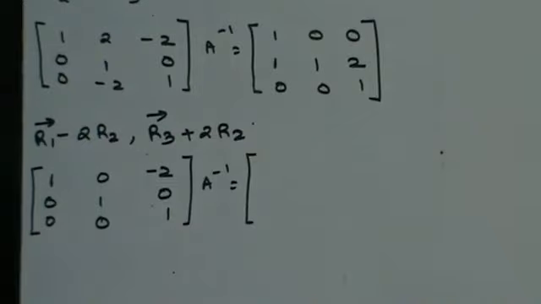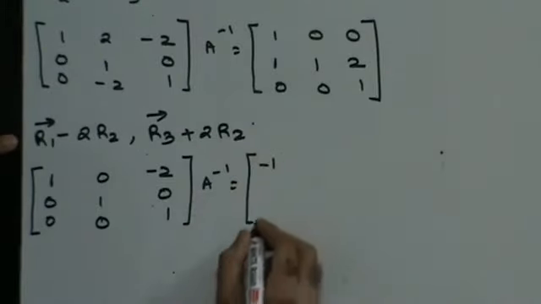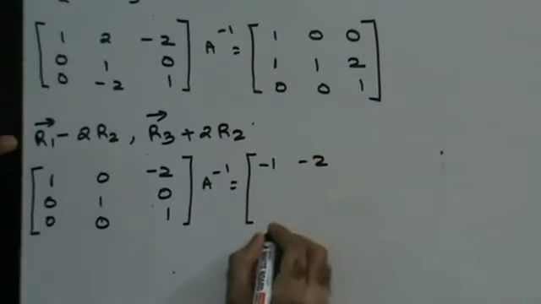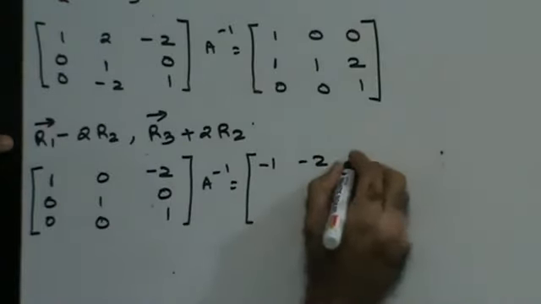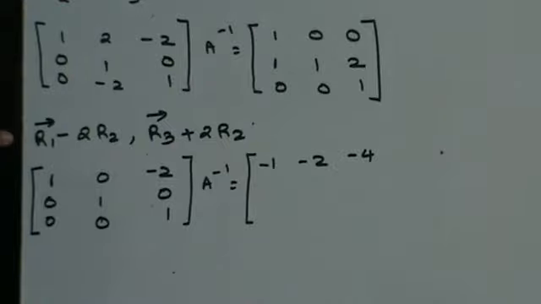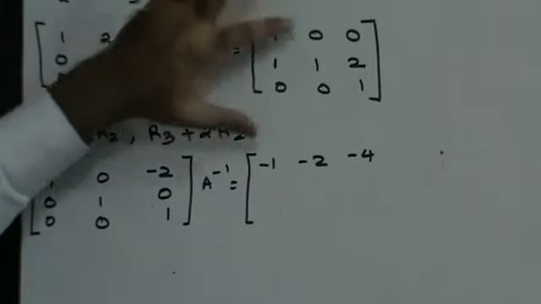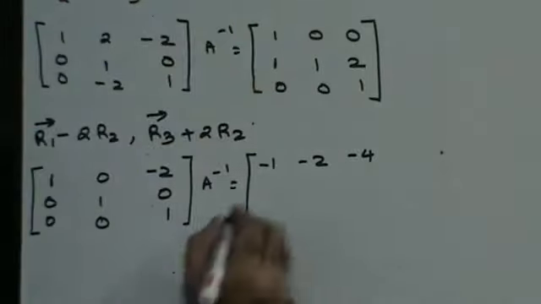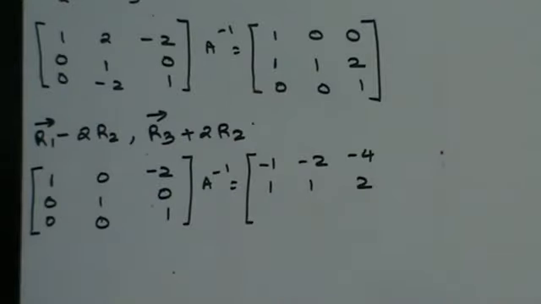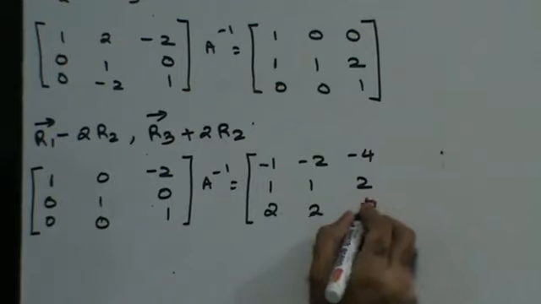Now R1 has to change. 1 minus 2, minus 1; 0 minus 2, minus 2; 0 minus 4, minus 4. R1 minus 2R2, same thing. You have to be a little good with your oral maths, right? Then 0 plus 2, 2; 0 plus 2, 2; 1 plus 4, 5.